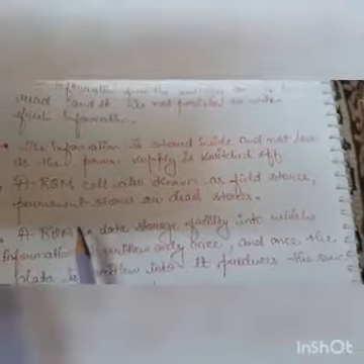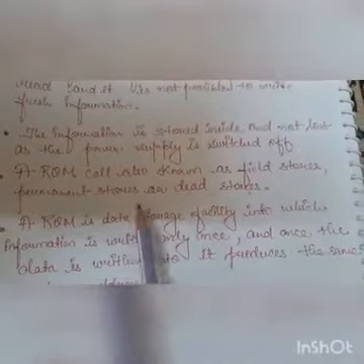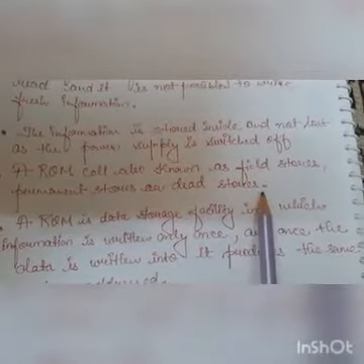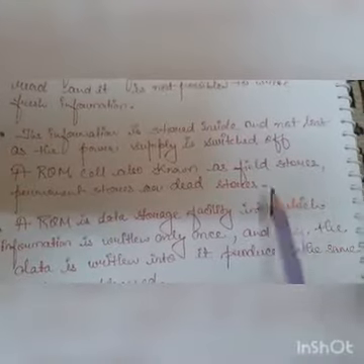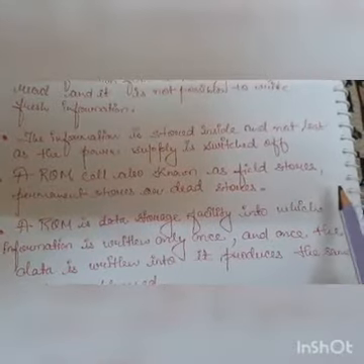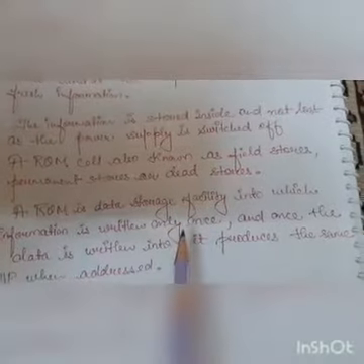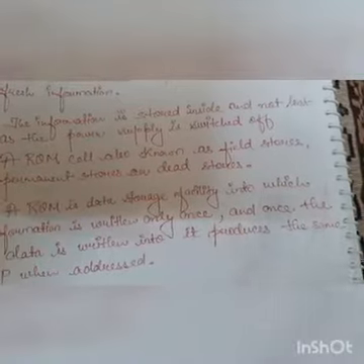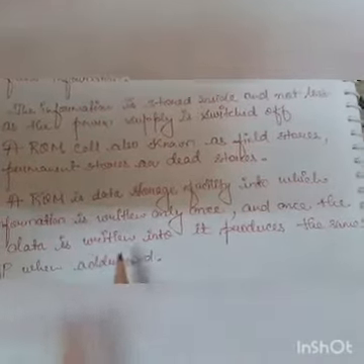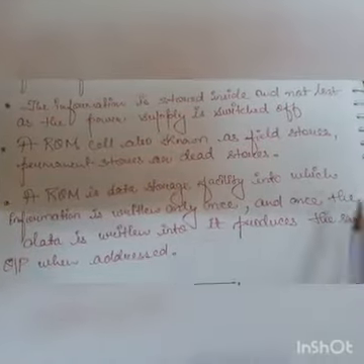A ROM cell is also known as a field store, permanent store or dead store. A ROM is a data storage facility into which information is written only once, and once the data is written into it, it produces the same output when addressed.